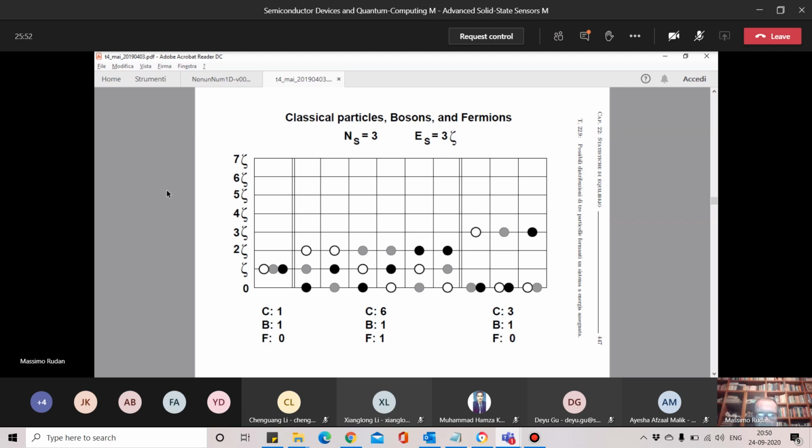But at this point, we must distinguish between 2 possibilities. And these possibilities are, number 1, the particles are identical from the mechanical viewpoint. So they have the same size, the same mass, everything is equal, okay? But at the same time, the particles can be distinguished from each other.